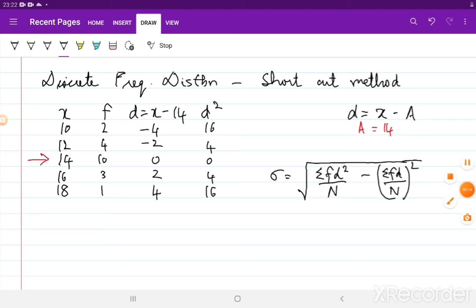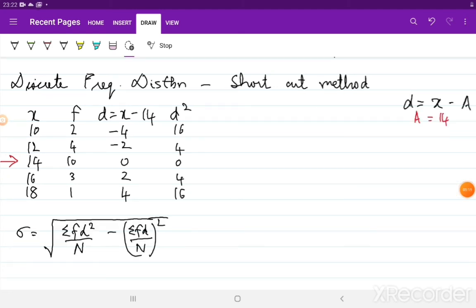Hang on. Right, I just made a bit more space. So I need fd square, my next column. I need fd, and I also need f times d square. So fd means f and these two columns being multiplied.